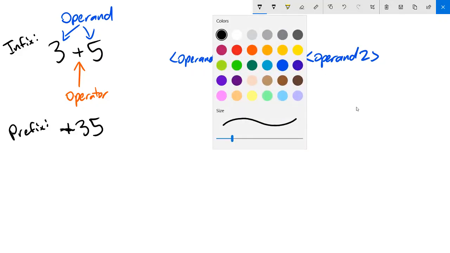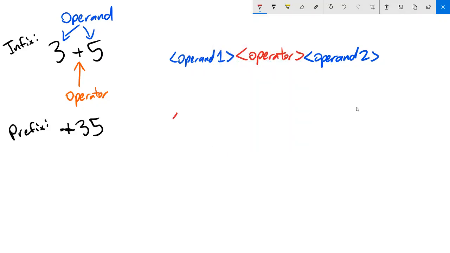So let's go ahead and label this. This will be operator, and I'll have operand 1 and operand 2. So let's look at how we would read this. Plus 3, 5. Alright, so I'm adding, what am I adding? I'm adding a 3 and a 5.